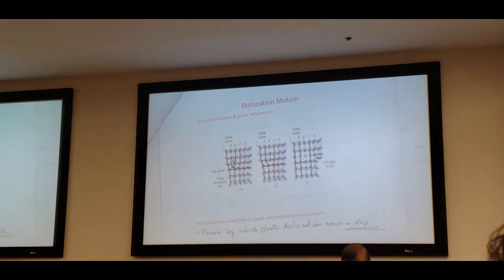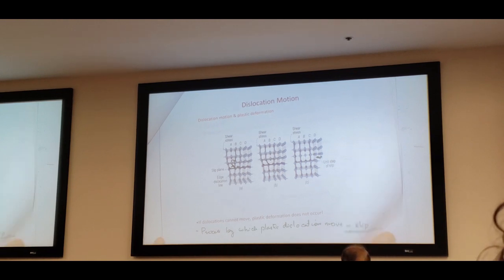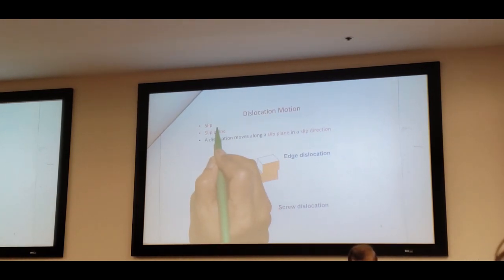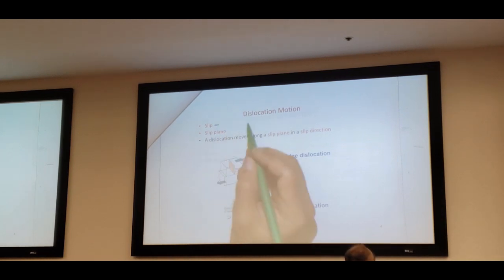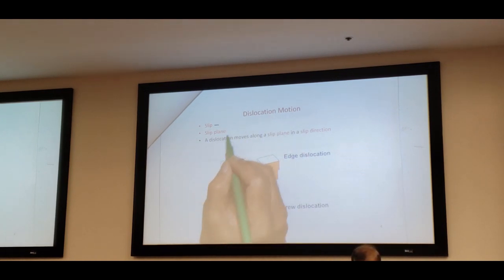We just talked about the slip: the process by which plastic deformation occurs by dislocation motion, that is a slip.